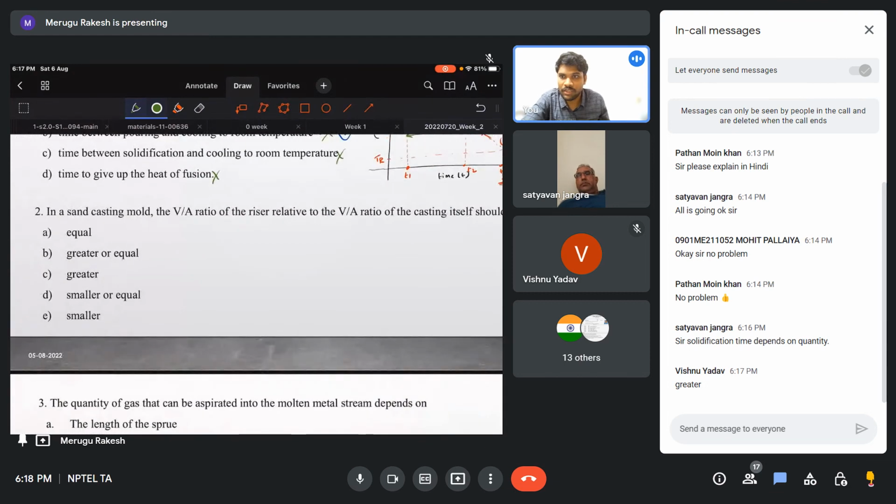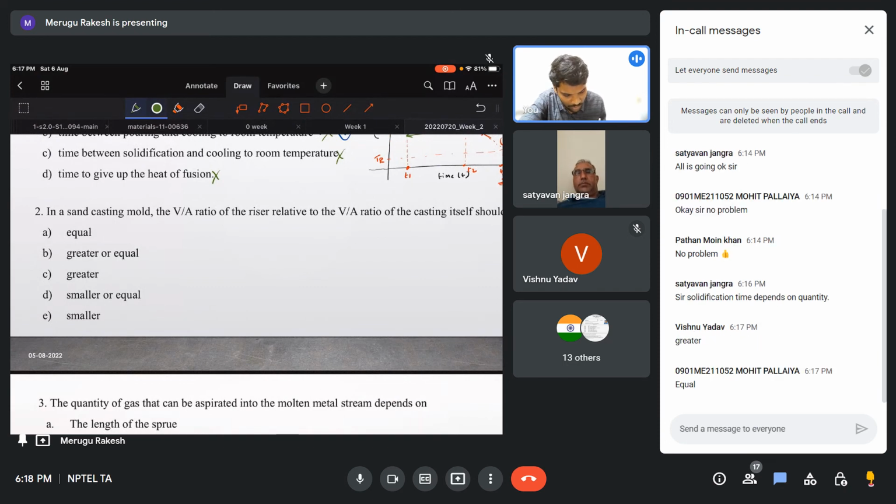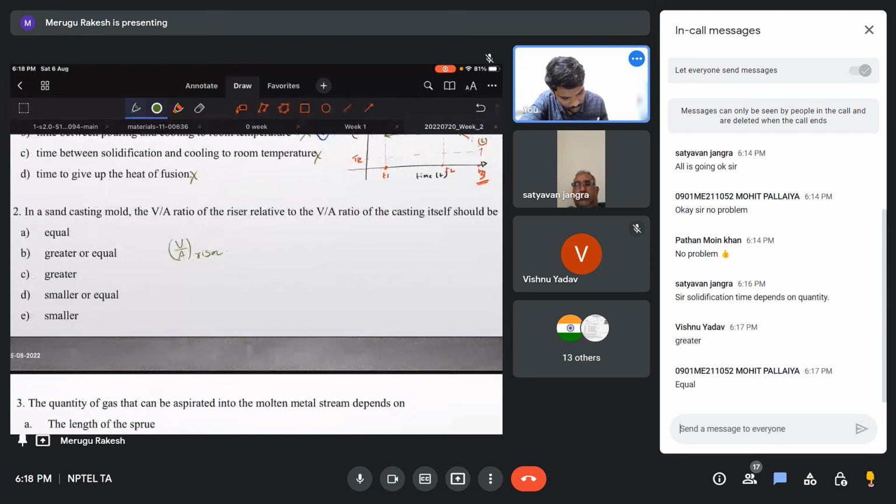I think the options are visible: equal, greater than or equal, greater, smaller or equal, or smaller. So in simple words, the volume to area ratio of riser, what is this thing?